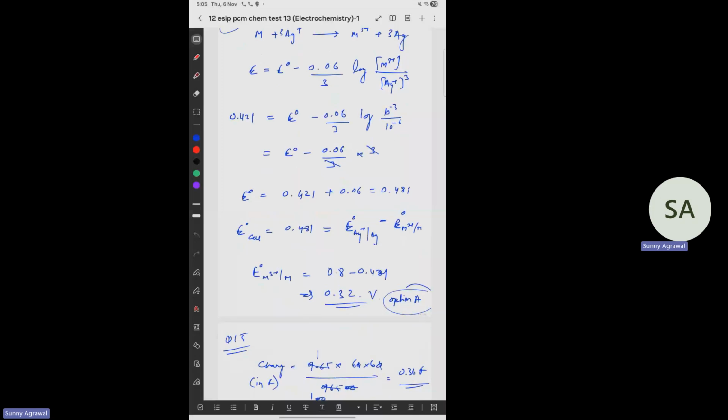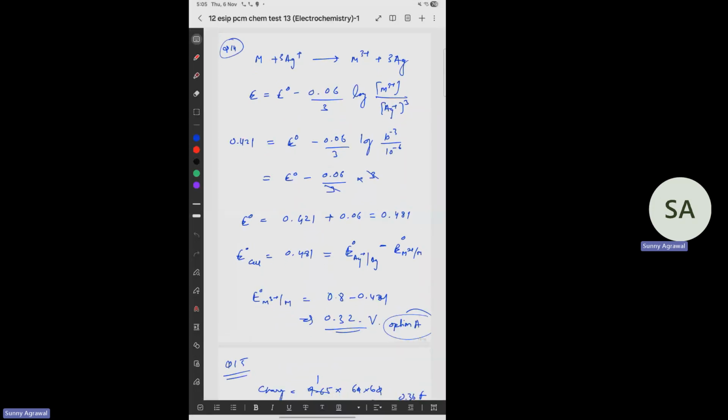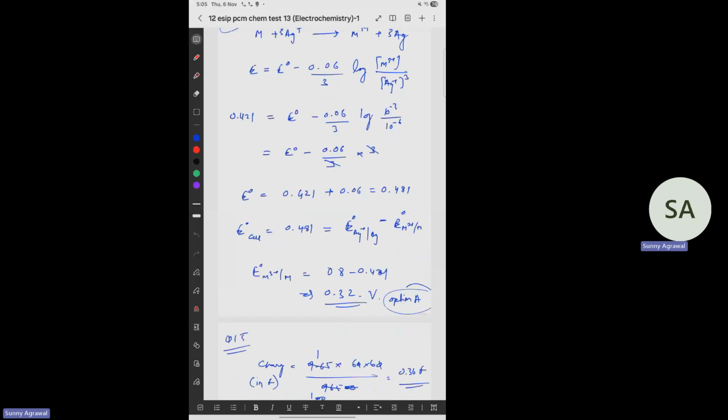After you have calculated this value from the given reaction, we know that E naught cell will be equal to E naught oxidation plus E naught reduction.